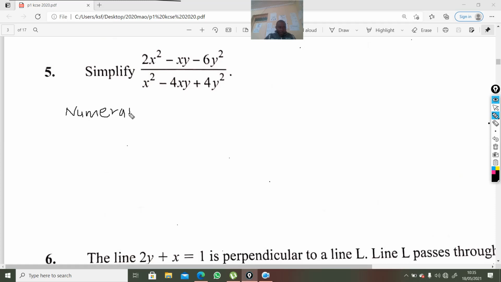If I do the numerator separate and the denominator separate, so in the numerator I know the sum there is -1. I know the product will be -12. I think of two factors.